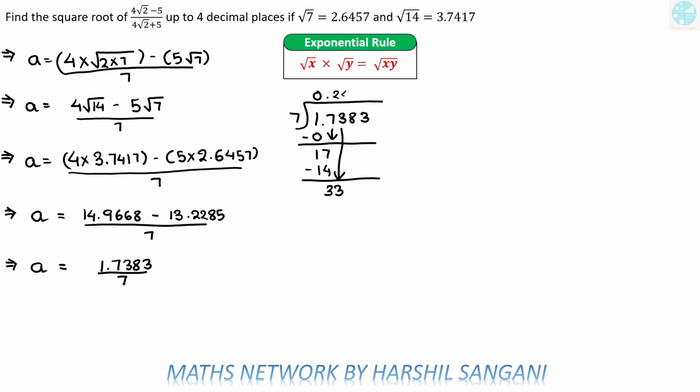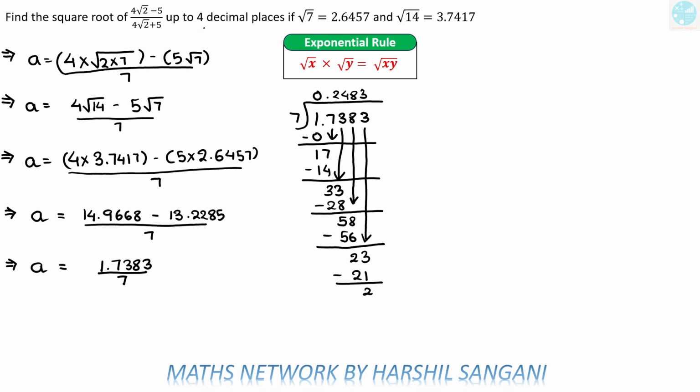We can multiply 7 with 4 to get 28, which is less than 33. When we do the subtraction, we will be left with 5. Now we carry down 8 and we multiply 7 with 8 to get 56. When we subtract 56 from 58, we will be left with 2. Now we carry down 3. We multiply 7 with 3 to get 21 and a remainder of 2.